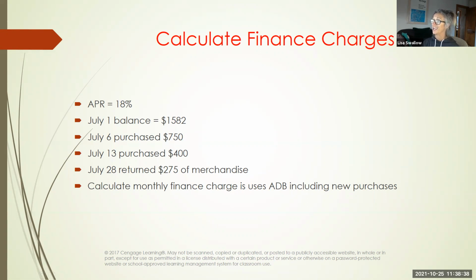And on the 28th, I actually return something. So my balance goes down. And there's 31 days in July. So shut off the tape, set up the exact same 4 columns that we just did, and calculate the monthly finance charge.